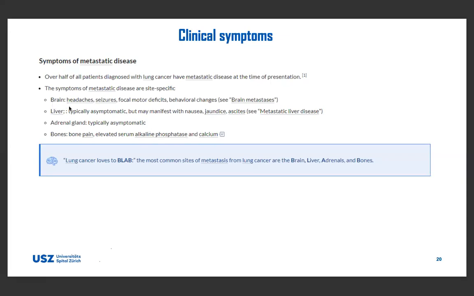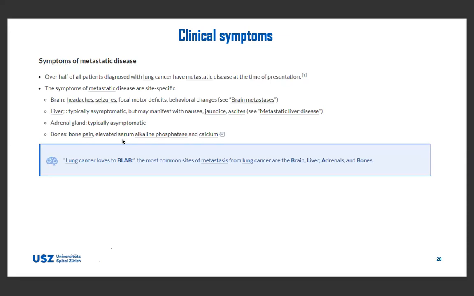And if we have brain metastasis, then patient can have headache, seizures, focal motor deficits, or behavioral changes even, because if a certain region of the brain is affected, the character might change. And liver, in the majority of cases, or in many cases, asymptomatic, but sometimes they can show also jaundice or ascites. And adrenal gland is typically asymptomatic.